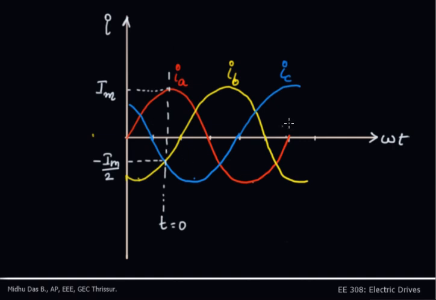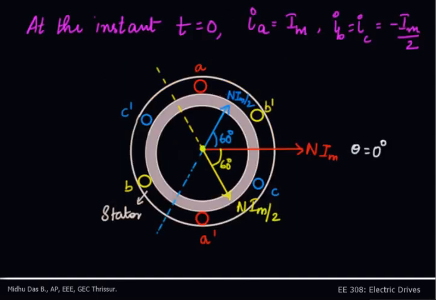Now this is the waveform for current, and since this is cosine, we have to take the time 0 instant here when IA is at its peak, isn't it? So t is equal to 0. At this instant, you can see that IA is equal to Im and IB and IC are equal to minus Im by 2 each.